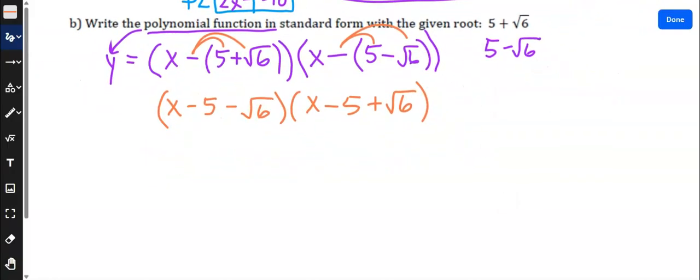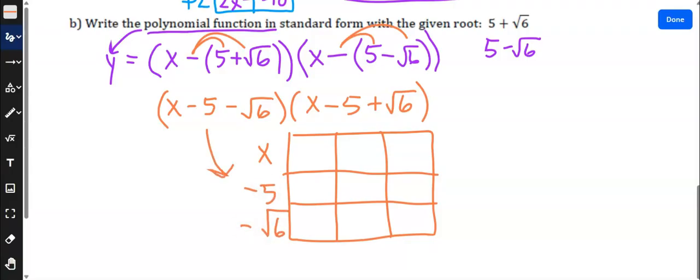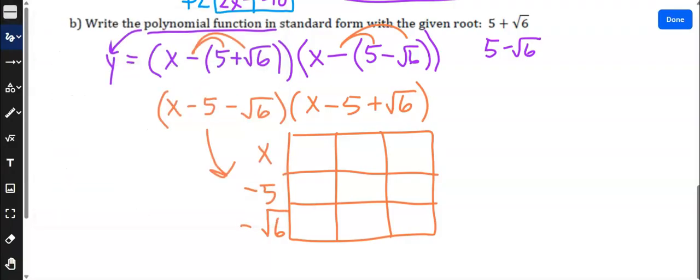All right, now, I am going to use a box. My box is now going to be a 3 by 3. That's right. Now, if you know how this works, some cool things are going to happen. So you can see I just took this one and slid it down the side. I got x squared. I got minus 5x. And I've got x radical 6.